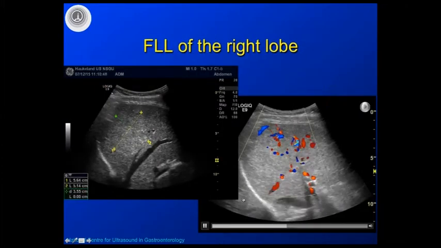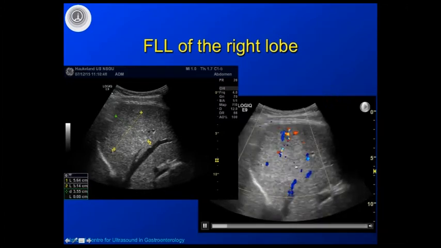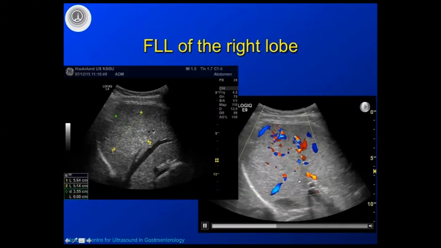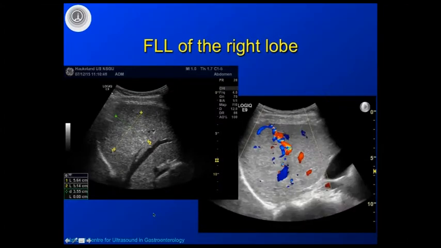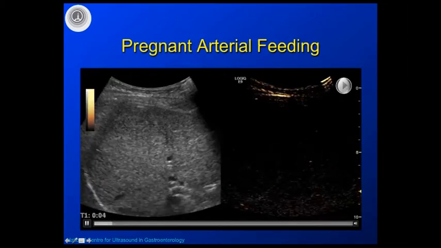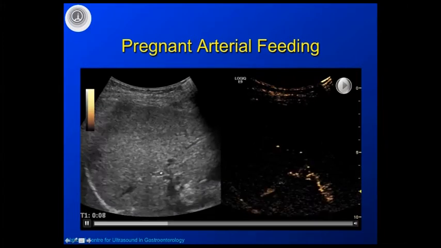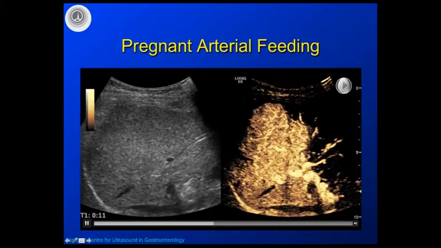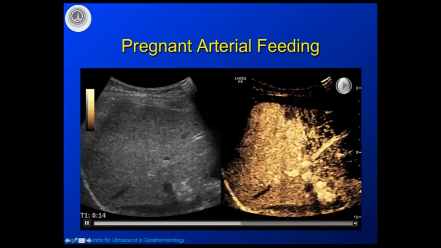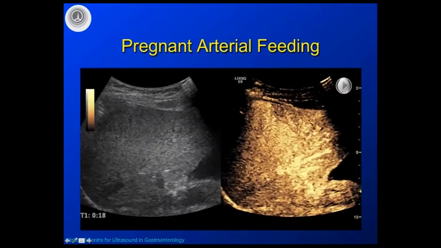This is another tumor. We might from the Doppler suspect also a feeding artery in this region. So let's look at the CEUS examination. The tumor is here. We see a very marked artery feeding the tumor from the periphery to the center, typically as we can find in a hepatic adenoma.